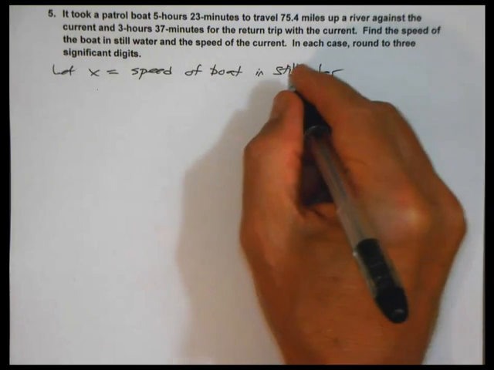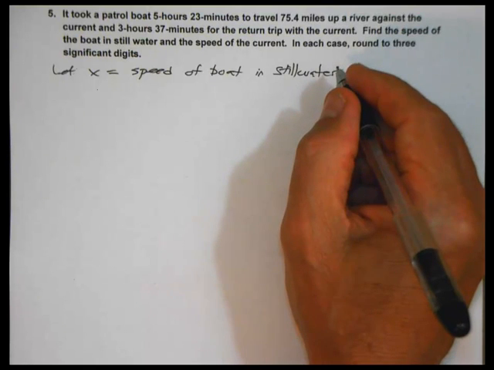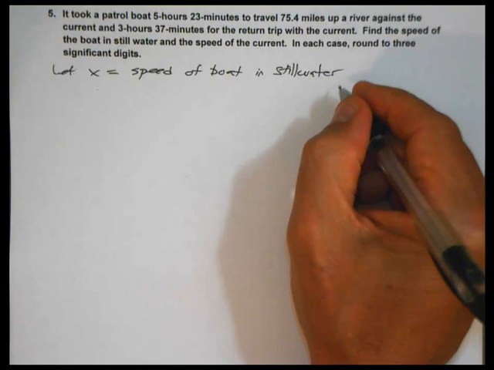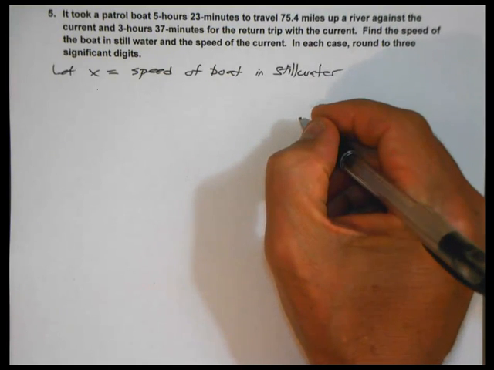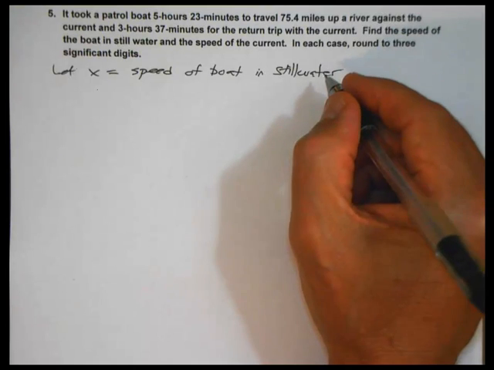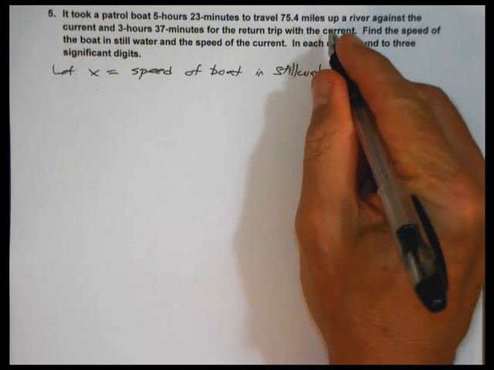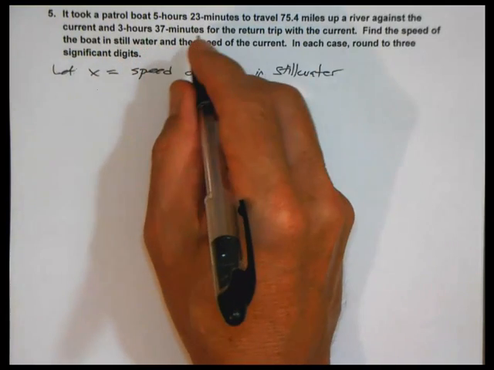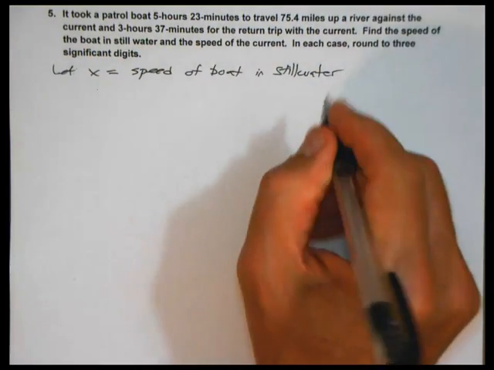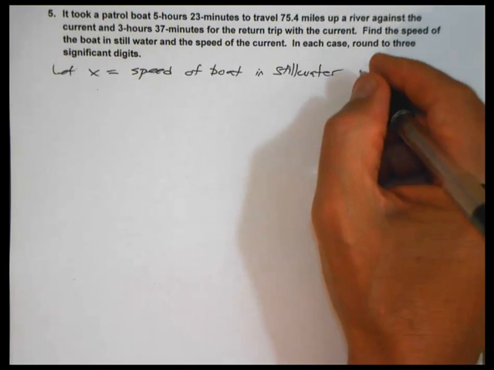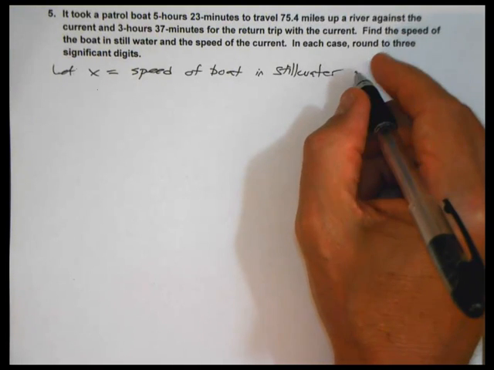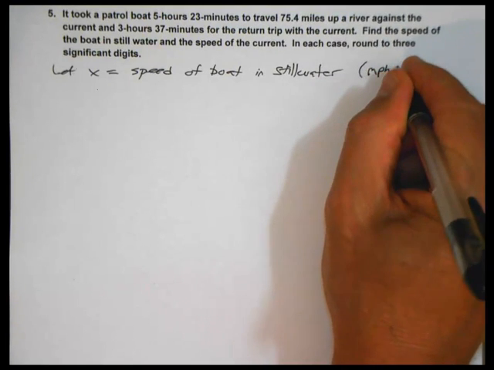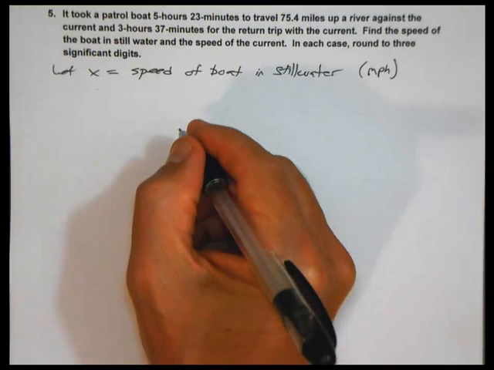You can decide a variety of things here, but once you decide, you need to stay with it throughout your math model. Since the distances are in miles and the times are hours and minutes, let's go with miles per hour for our speed of the boat. So in parentheses, mph, common notation for miles per hour.